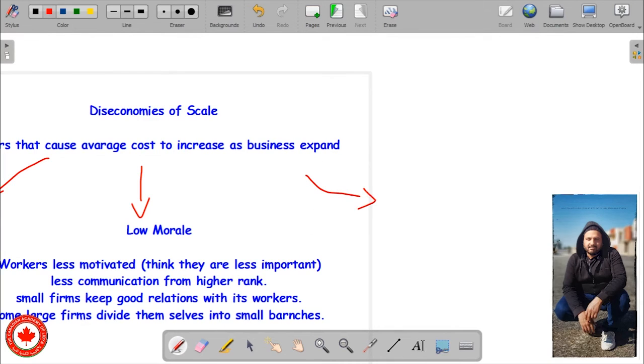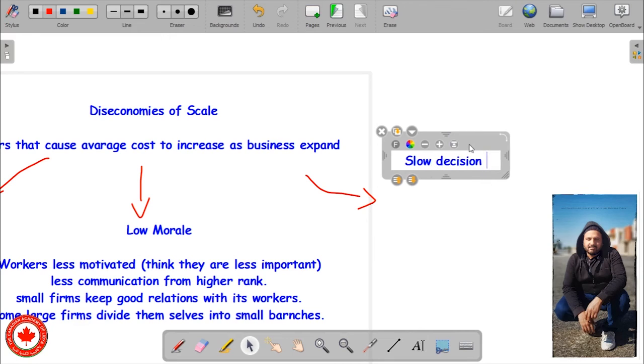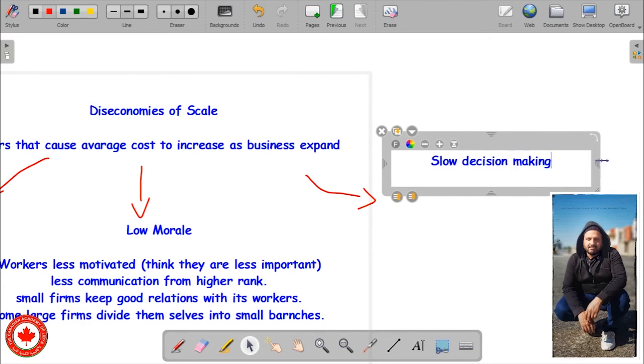is, besides the idea of poor communication, the problem of managers. As the business becomes larger, there is slow decision making by managers.